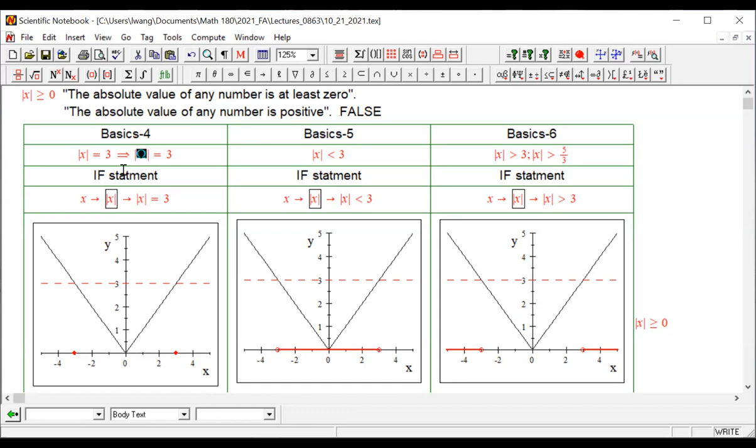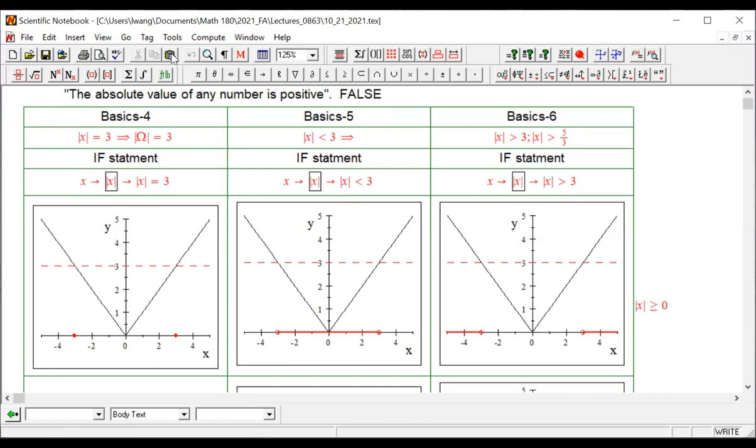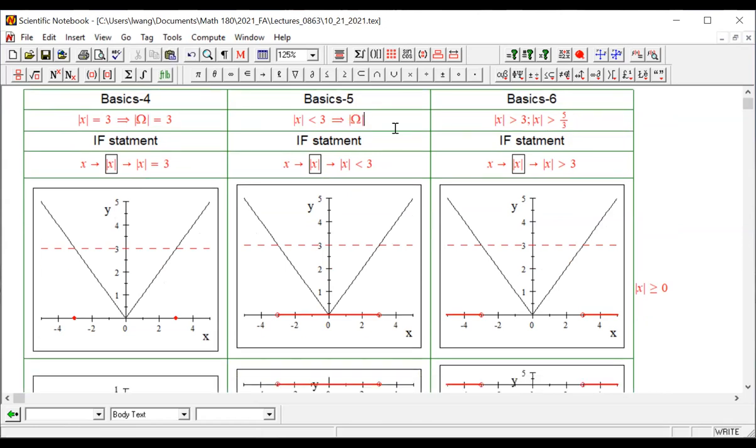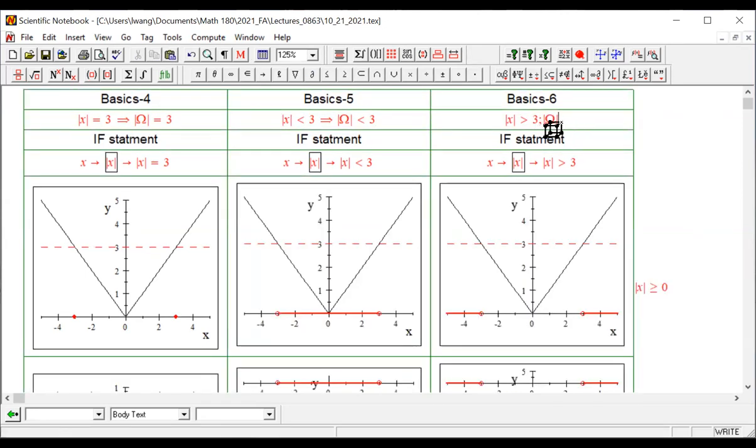You guys look at basic 7 in the notes, basic 7a. So that's what we meant by anything. So this is turning into anything less than 3, and these will turn into anything larger than 3.